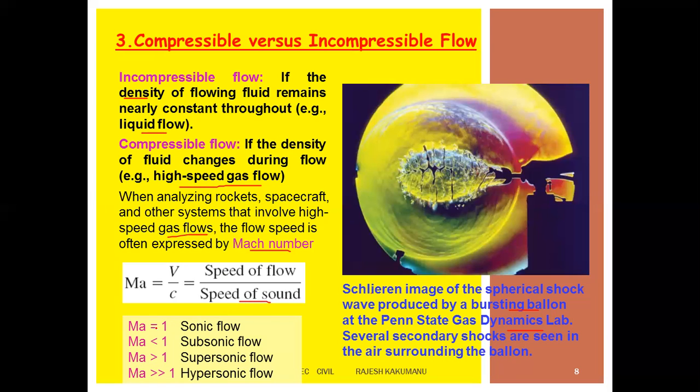Whenever the Mach number is equal to 1, we consider it a sonic flow. Whenever the Mach number is less than 1, we consider it a subsonic flow. Whenever the Mach number is greater than 1, we call it a supersonic flow.